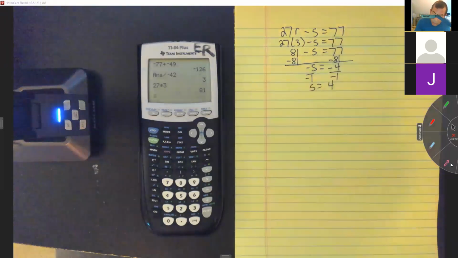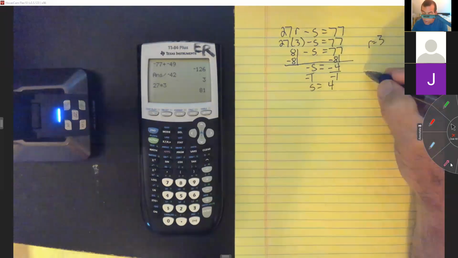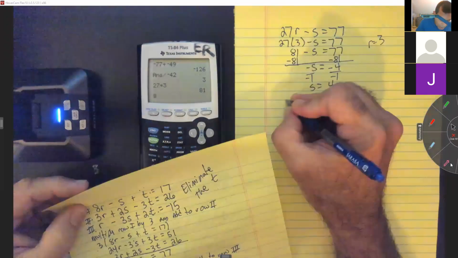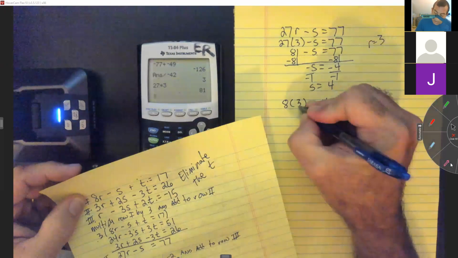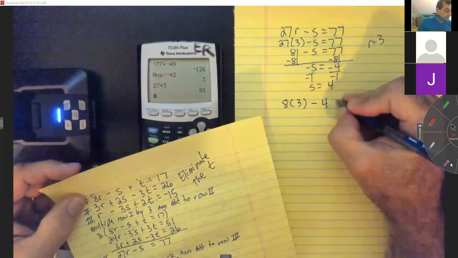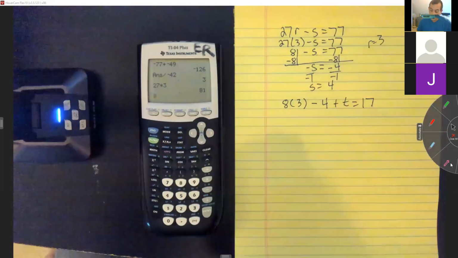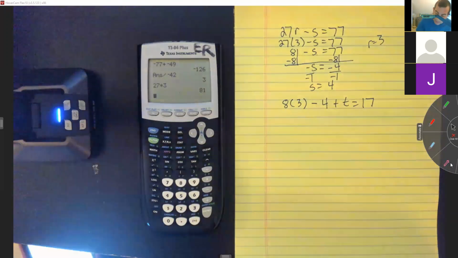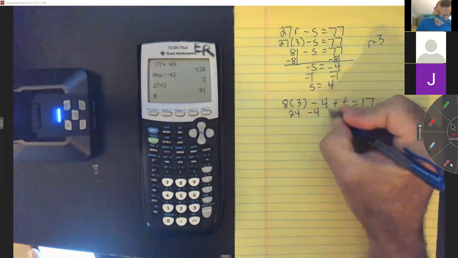So I know R was 3, S is 4. I'm going to go into one of these original 3 equations. I'm just going to pick 8R minus S, which is 4, plus T equals 17. Let's see what we get here. 8 times 3 is 24, minus 4, plus T equals 17.